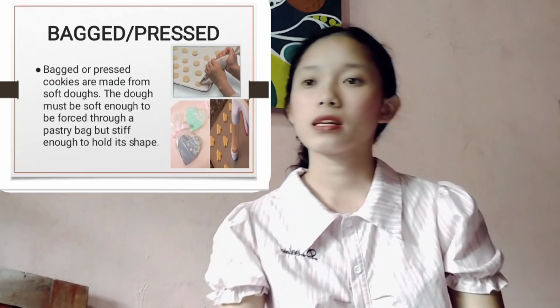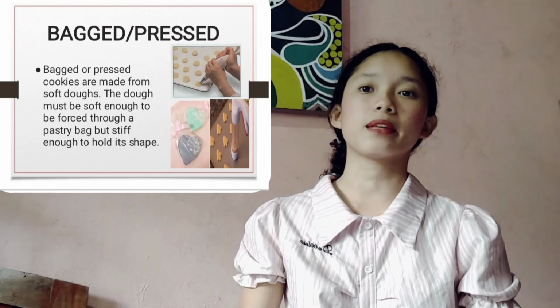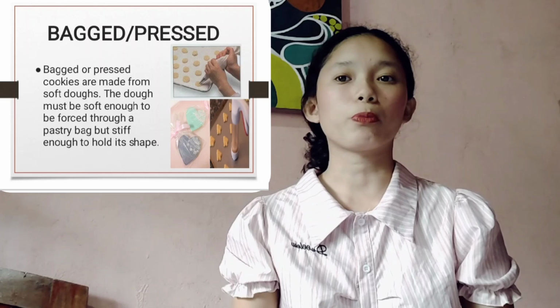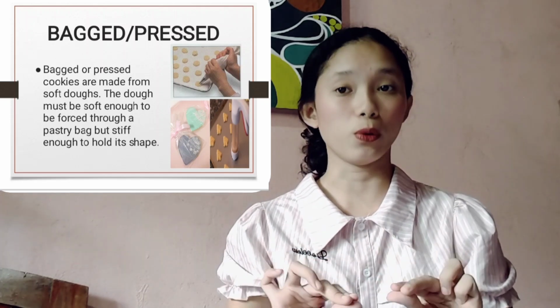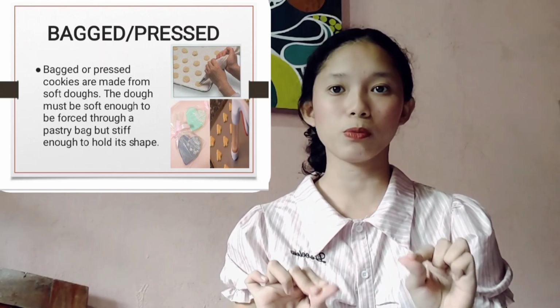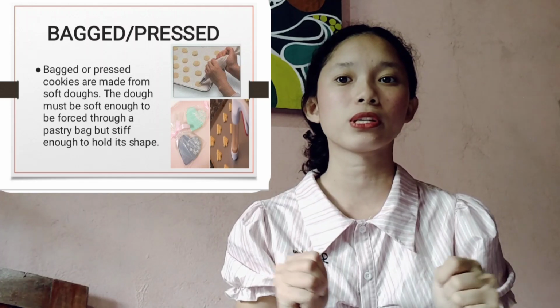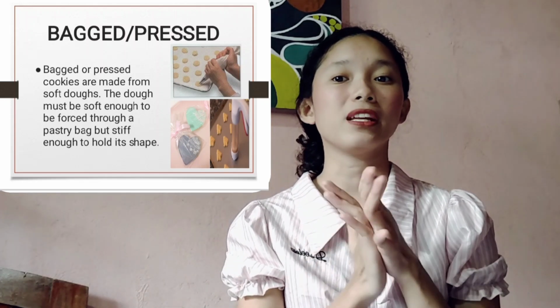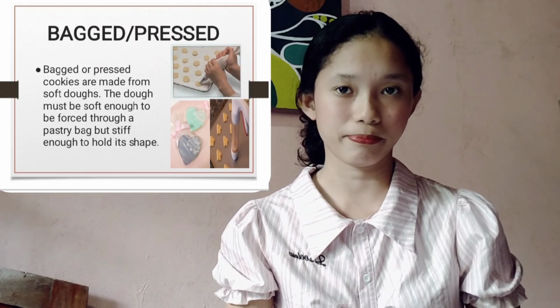The first type of cookie is the bagged or pressed. The bagged or pressed cookies are made from soft doughs. Okay, the dough must be soft enough to be forced through a pastry bag but stiff enough to hold its shape.